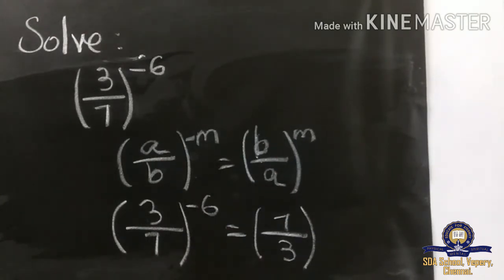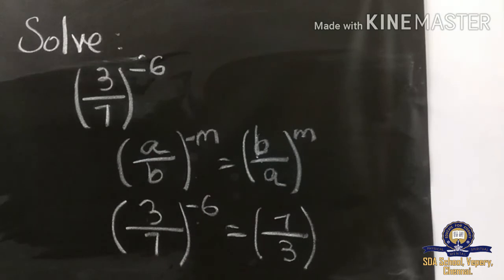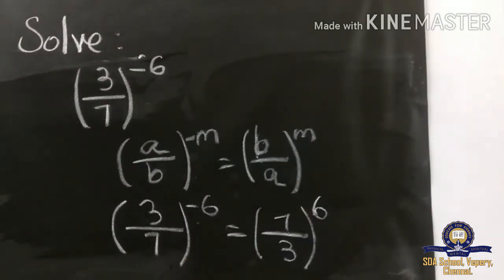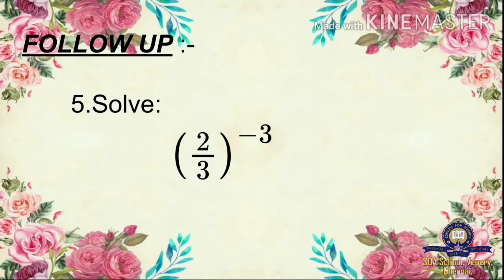If you interchange a and b, your answer will be positive and your m will be positive. Fine. This is plus 6. Okay. Here is your follow-up work.